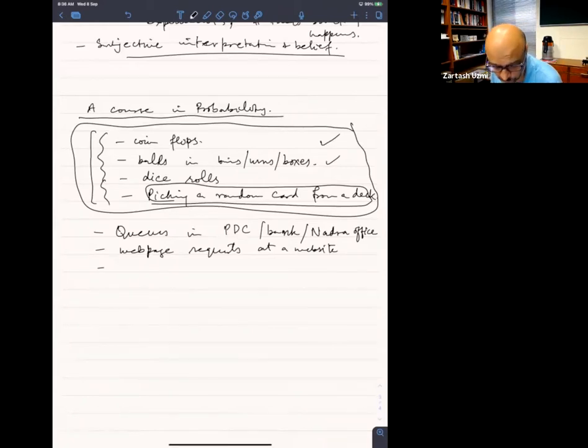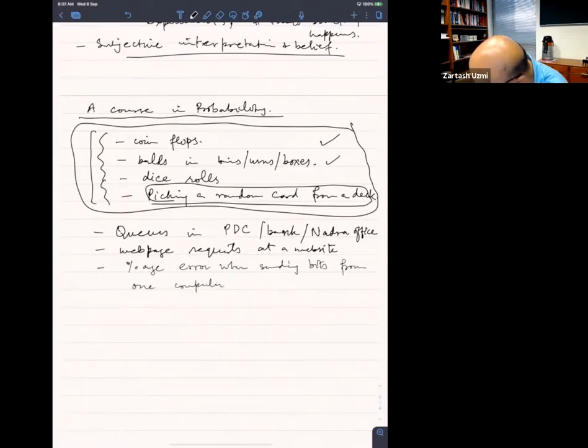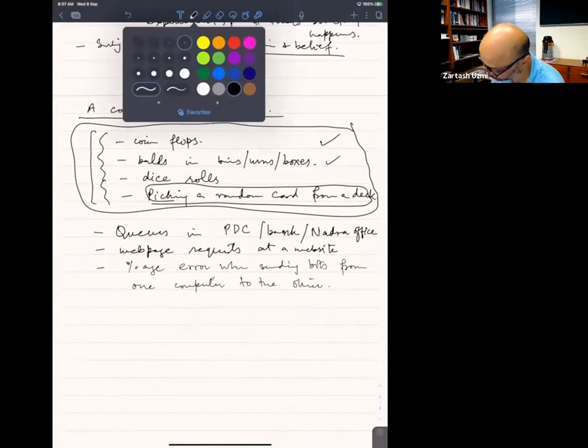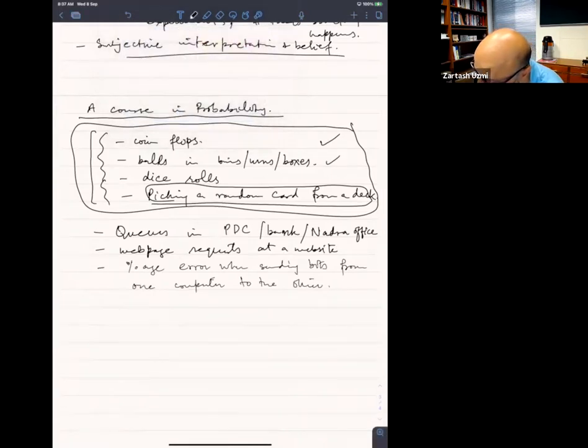Similarly, another situation could be percentage of errors when you are sending bits from one computer to another computer. So you are sending from one computer to the other, how many bit errors do you get?